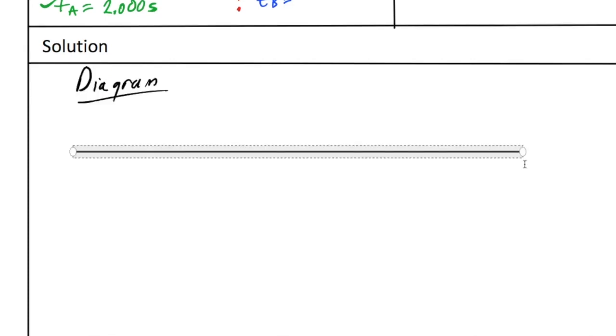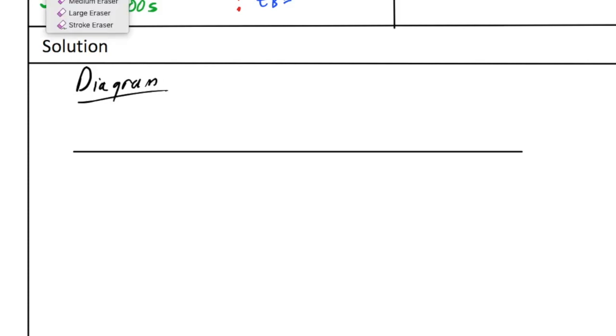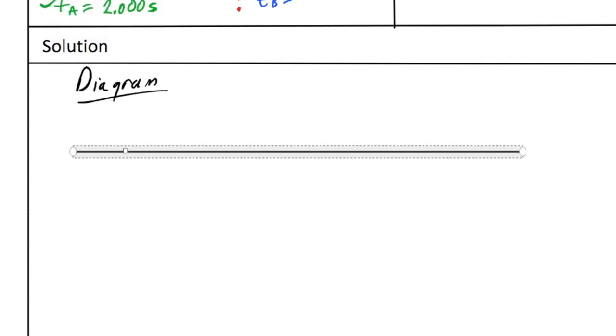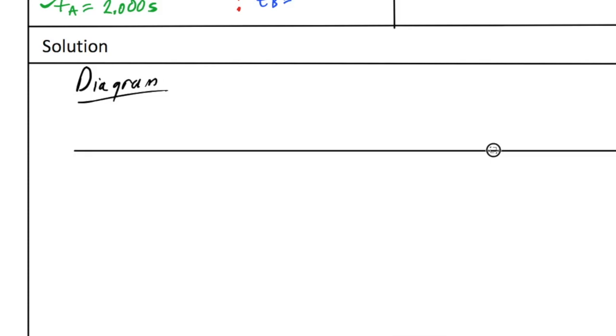So let this line represent the whole motion for section A and section B. We also know that the vehicle is slowing down, which means that these lines will get shorter and shorter and shorter. Kind of regret how I did this now. All right, we'll just get rid of this last little bit. There we go.